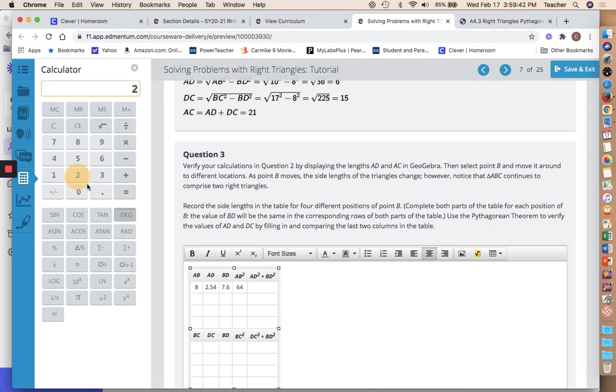So I'm gonna do 2.54 squared plus 7.6 squared. 7.6 squared equals about 64. Got me a little off because I couldn't get it perfectly on 8.